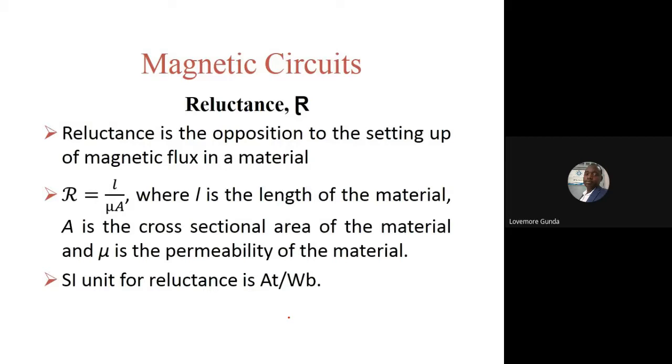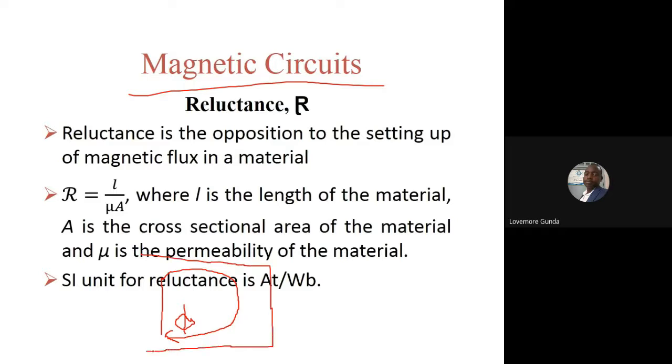Now, when we're talking about magnetic circuits, we still have the path which allows flux to flow, and that path is our magnetic path, and the source will be the MMF generated by the current and the number of turns.